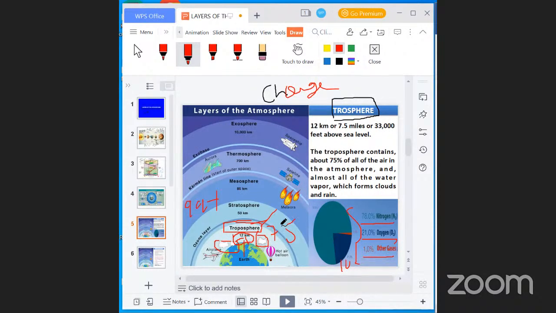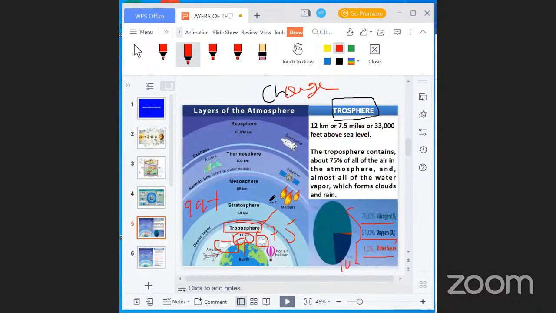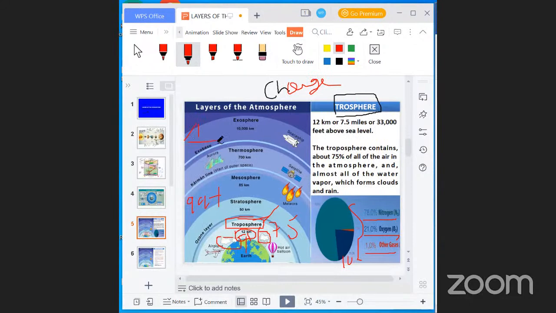Apart from that, we observe what is happening: the temperature decreases, as you see in this graph, right? Remember, the temperature decreases at the rate of 1 degree Celsius for every 165 meters.